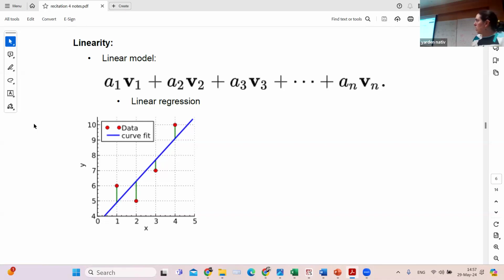But I just want to say that when we say linear model, what we mean is that we have a linear combination between scalars and vectors. The reason we are talking about that is the way that we optimize and find these parameters is different when it is a linear model and when it is a nonlinear model.